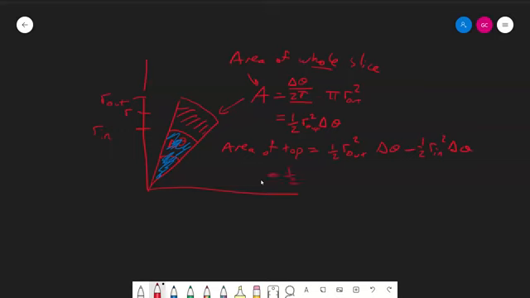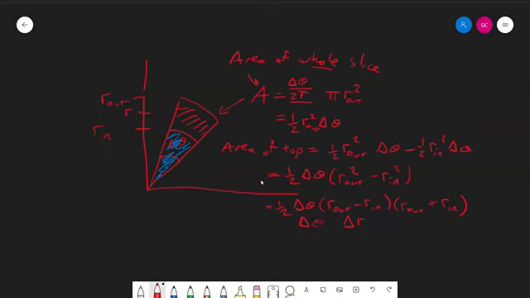Well, those both have a factor of 1/2 of delta theta. So if I factor that out, now I have the difference of two squares, so let's write that as r outer minus r inner times r outer plus r inner. And r outer minus r inner, that's what we were calling delta r. So that's delta r.